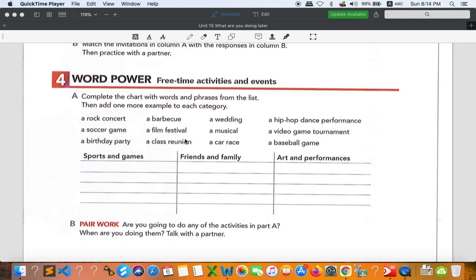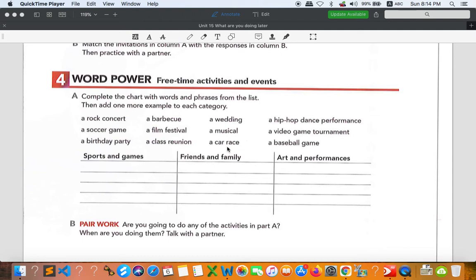A class reunion is about going back together, just like seeing your friends that you haven't met for a long time, so that should be friends and family. A wedding, also friends and family. A musical, that should be art and performances, okay, because musical right here is related to a musical movie, so it is about art.